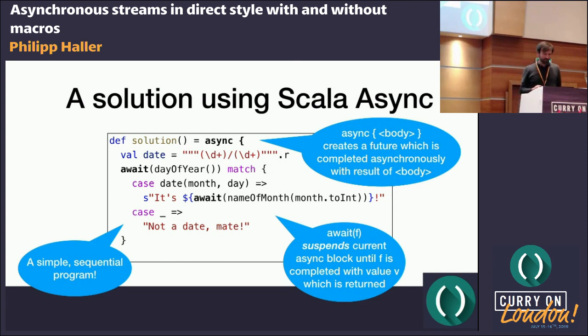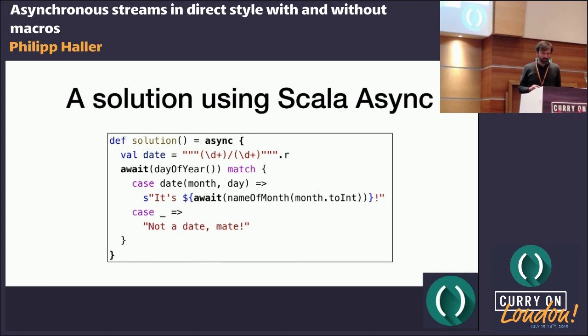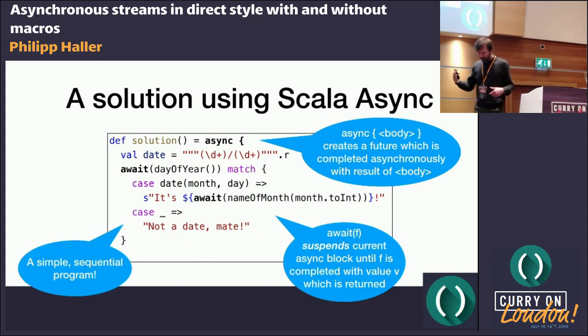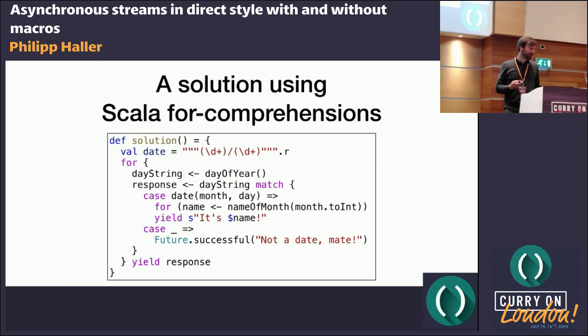Now, of course, if you look at this, and you know Scala, you could say, wait a minute, Scala has what's called for-comprehensions, which is akin to Haskell's do notation, a general form of sequence comprehensions, right? So we could also use those.